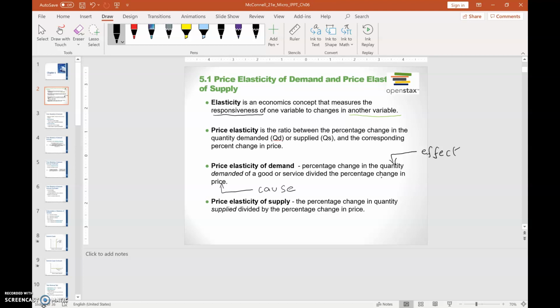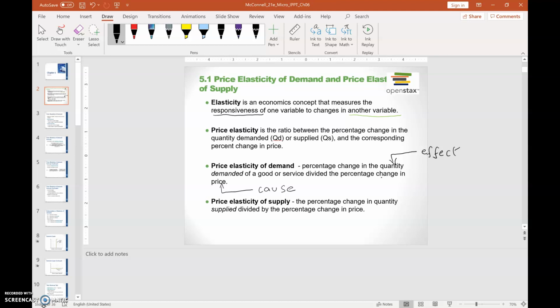So we have a cause and effect relation. We need to know how much quantity changes, or what is the percent change in quantity when there is a percent change in price.